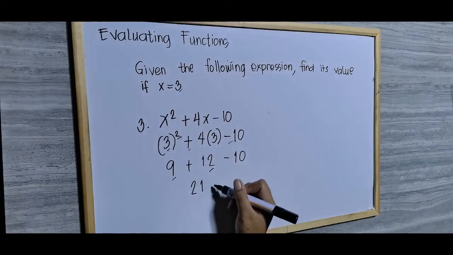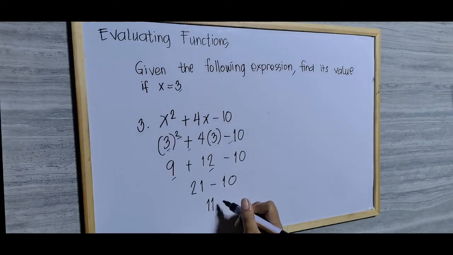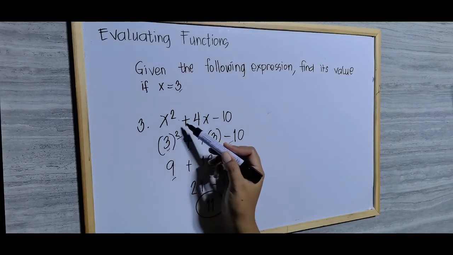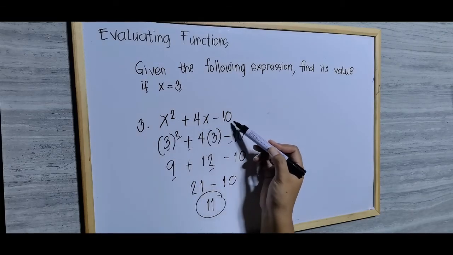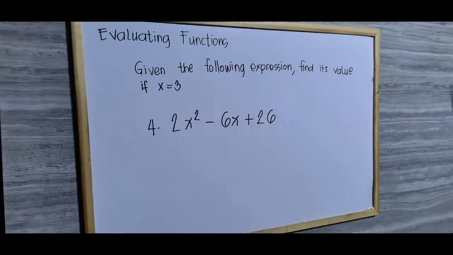Then 21 minus 10 is 11. So the answer is 11. The value of the expression x squared plus 4x minus 10 if x is equal to 3 is 11.